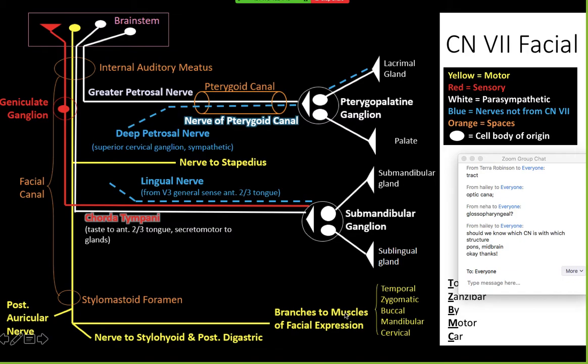The terminal branches to the muscles of facial expression are the temporal, zygomatic, buccal, mandibular, and cervical. So that's where your "two Zanzibar by motor car" comes from. If you put your hand over your face, I think you had a picture of that, that helps you align approximately where each of these nerves are going.